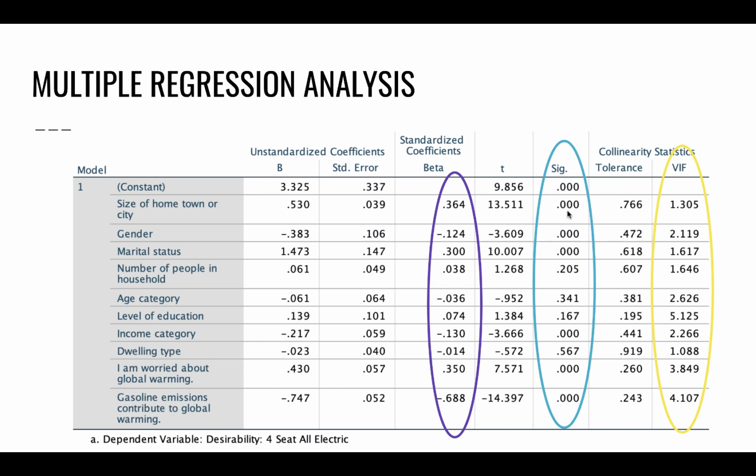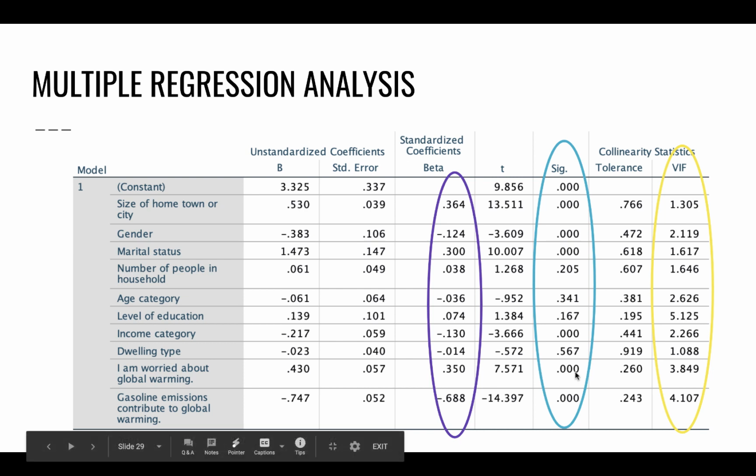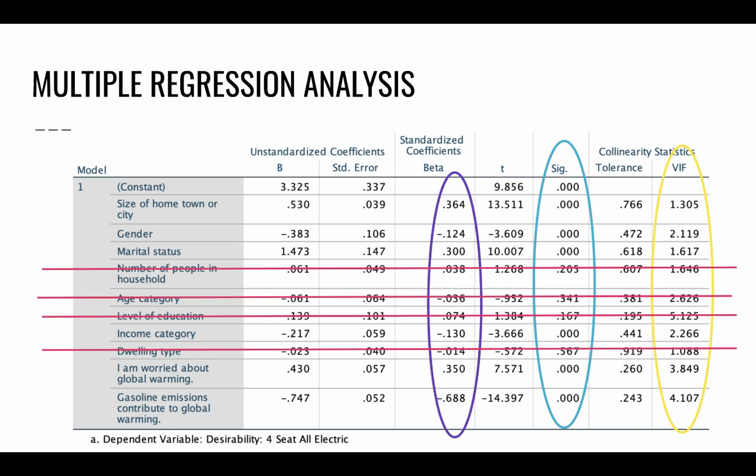So the ones that do have an influence on our dependent variable are size of hometown or city, gender, marital status, income category, their worries about global warming, and gasoline emissions contribute to global warming. So we can basically eliminate the ones that are not significantly influencing our dependent variable.